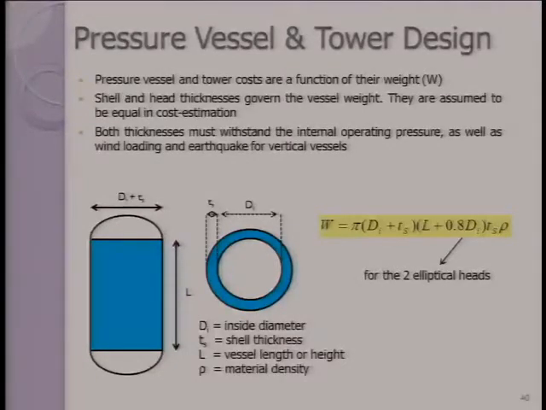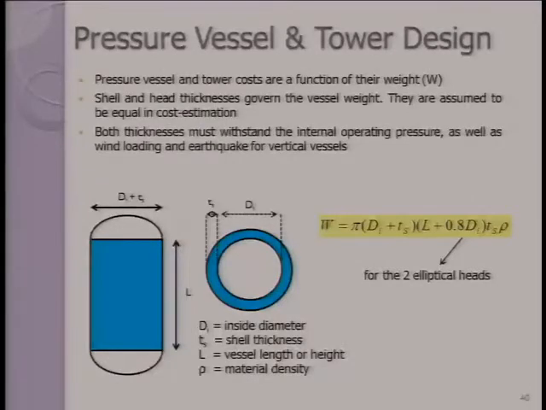So basically, the area of the whole thing, (Di + 2Ts) squared, times the height or the length, this will give you the volume of the whole cylinder.